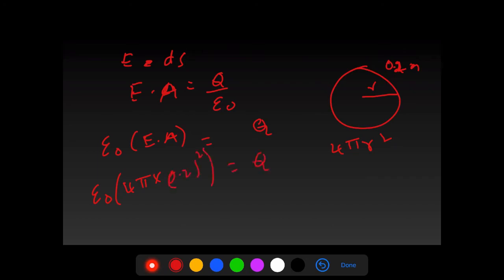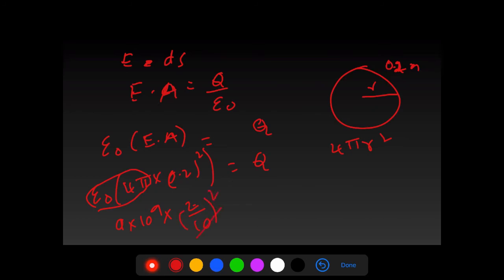So the total charge we will get. The value is 1 by 4 pi epsilon naught equal to 9 into 10 to the power of 9. So this whole thing equals 9 into 10 to the power of 9 into, this one we can write as 2 by 10 whole square.